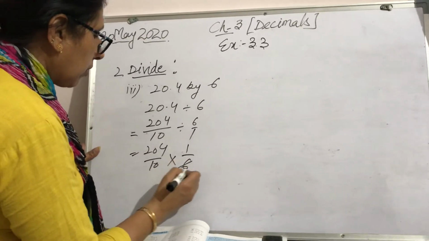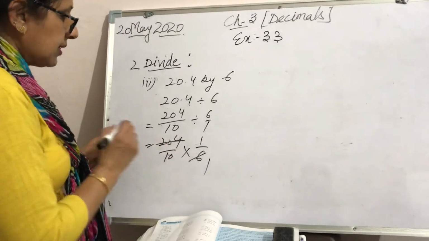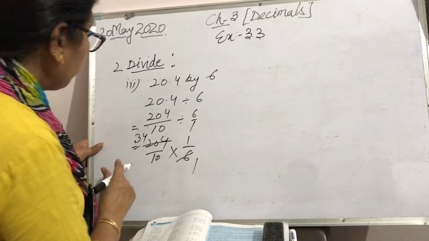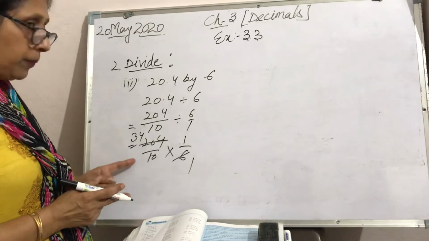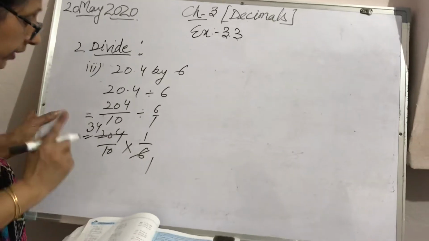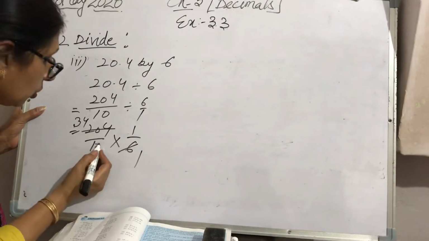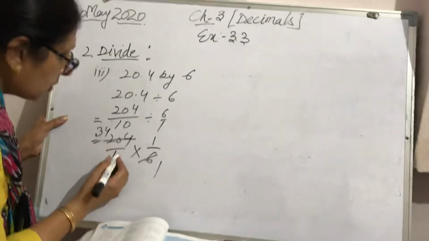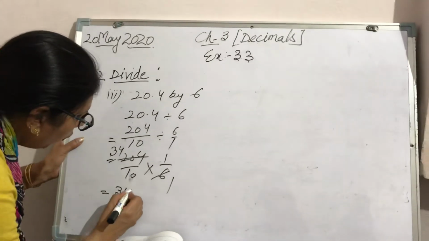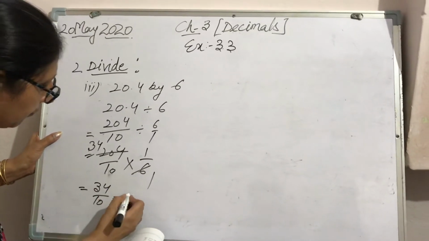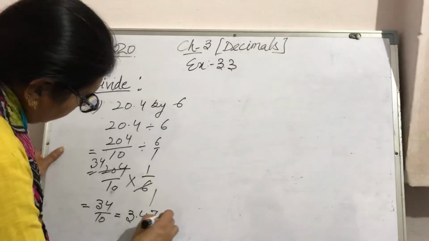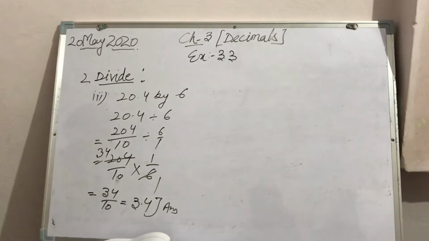Now reduce this with 6. 6 3s are 18, 2, 24, 34. Now it can be reduced with 2. 34 upon 10 is there. 10 and 34 can be reduced by 2. But we will not reduce them, because if 0 is at the denominator place, it will be easy to use the decimal. So 34 upon 10, we can use the decimal like this, 3.4. So 3.4 is the answer.